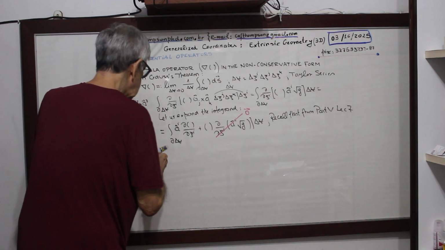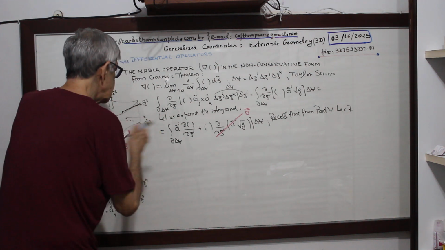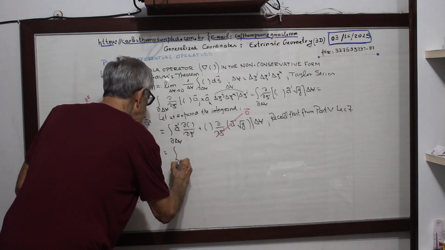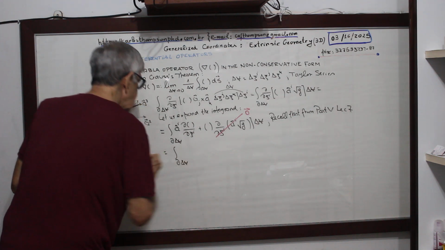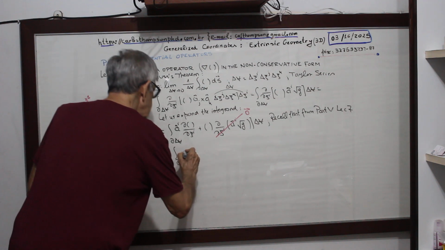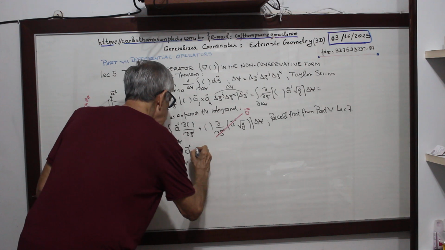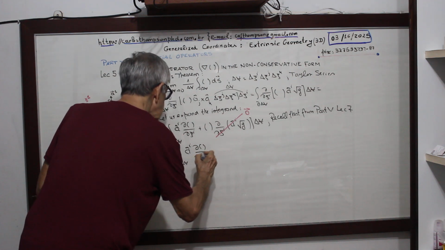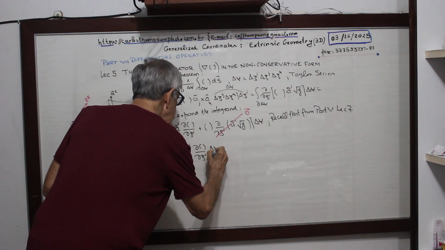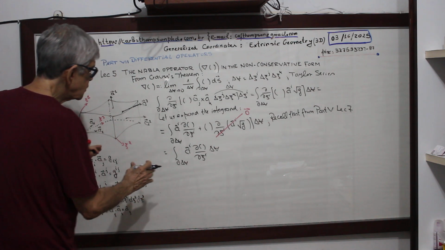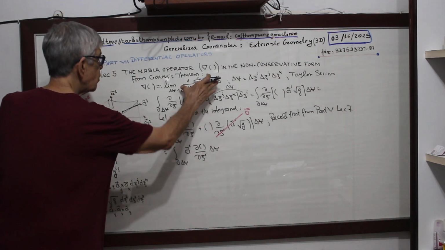Hence, this integral here, the integral on the boundary of delta V, will be a^i partial i delta V. Now, I will substitute this right over here.